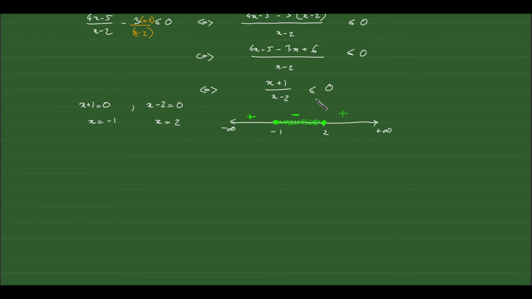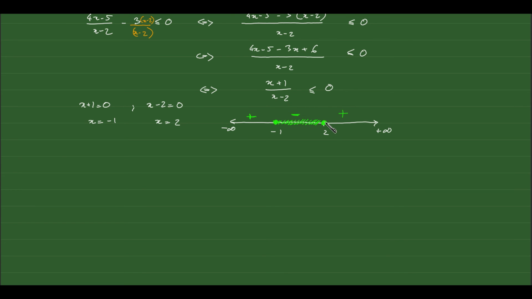But be careful right here. You may think that because it's an equal sign we're going to use the dot for both ends, right? But because this is under the denominator, you cannot have 0 under the denominator.